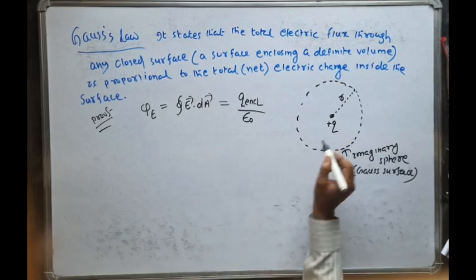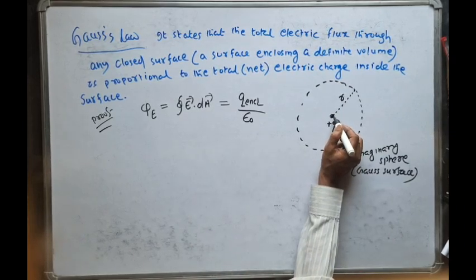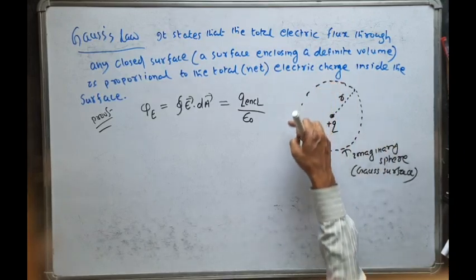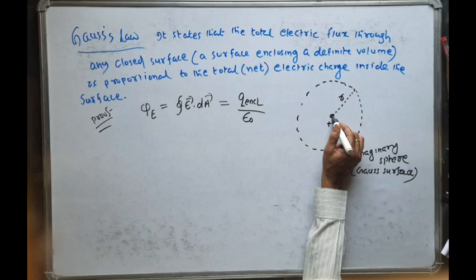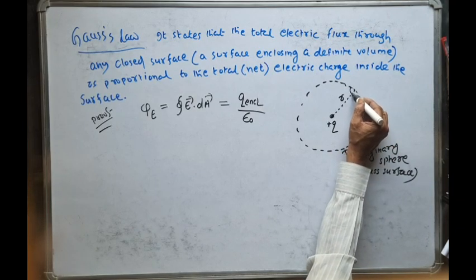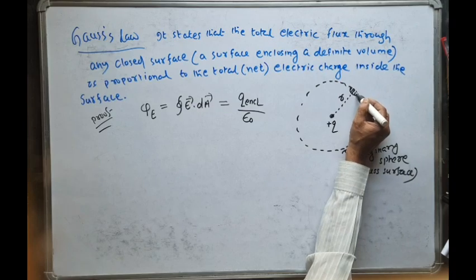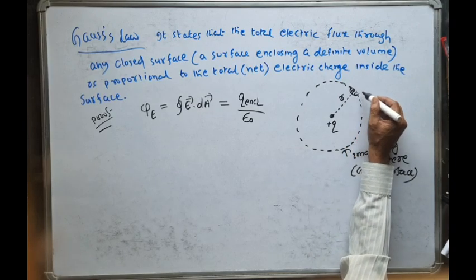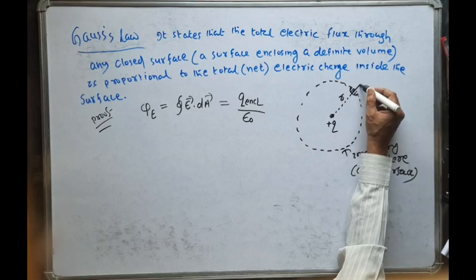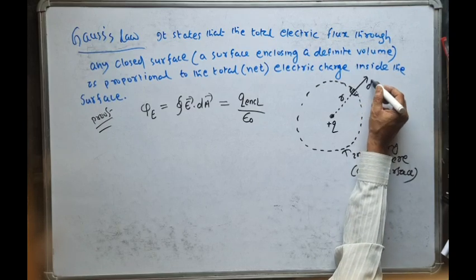Now see, to apply the Gauss law, we have to take a symmetrical surface which is equidistant from this charge. So you take a small element on this surface. This small element area is dA, and you know the area vector is always perpendicular to the surface.